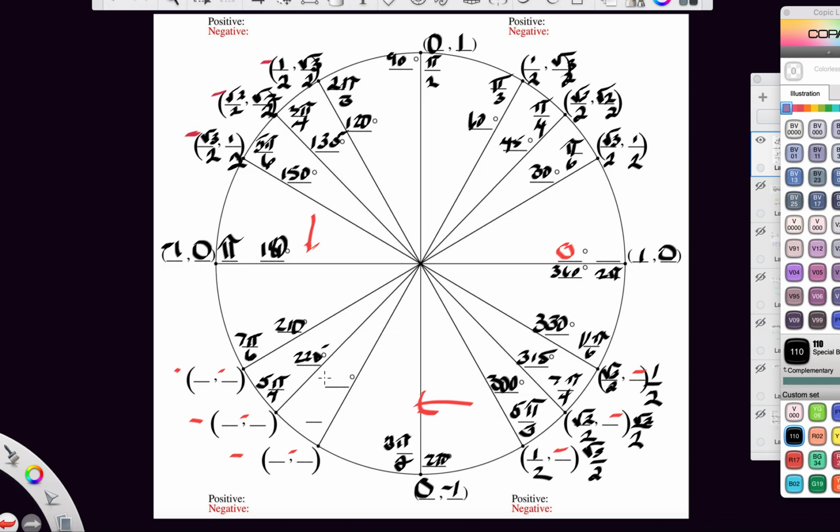And here we have 240 degrees, which would be 4 pi over 3. All right, go back to coordinate pairs. Root 3 over 2, 1/2. Root 2 over 2. Root 2 over 2.